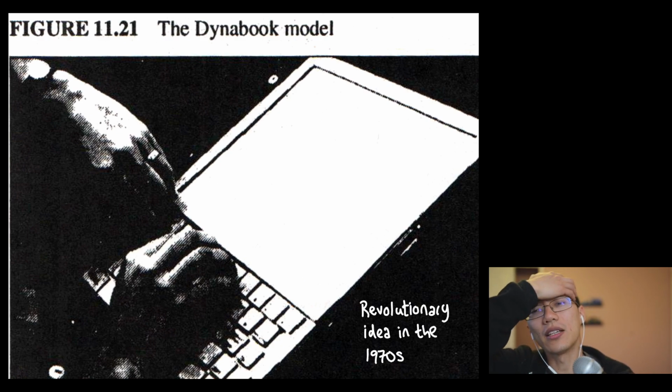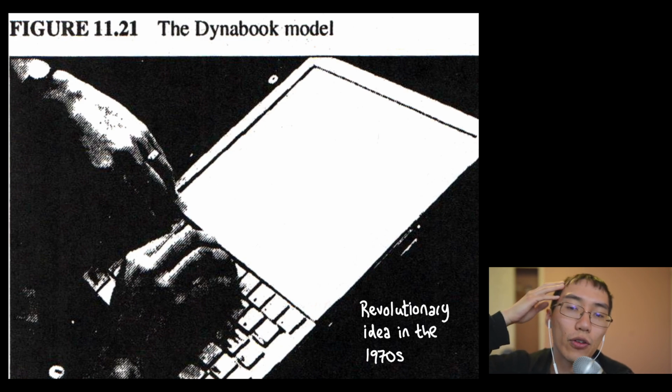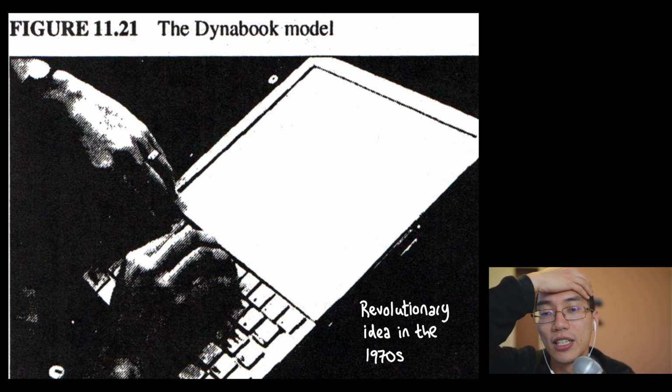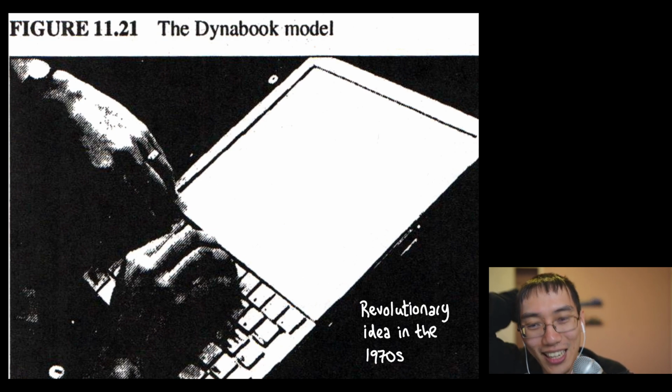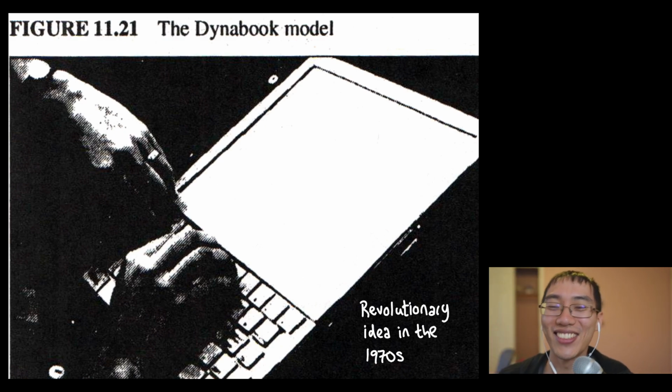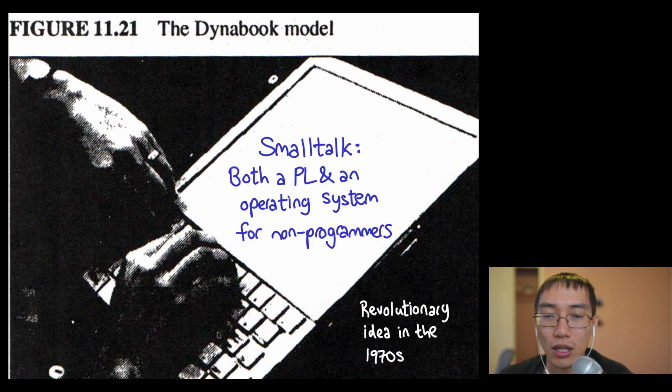Okay. And what was Smalltalk all about? Well, actually, Smalltalk was a language that was being built in service for this hardware concept called the Dynabook, which basically was a laptop. This is in the 70s, so this was a revolutionary idea in the 70s. But they wanted a laptop that was programmable, like it was basically an IDE.